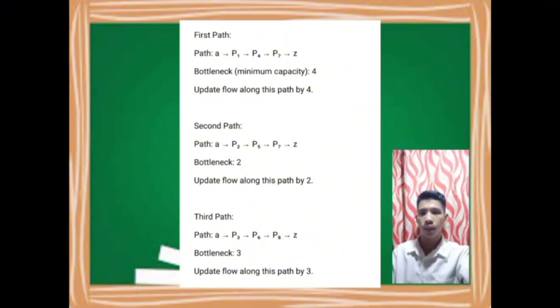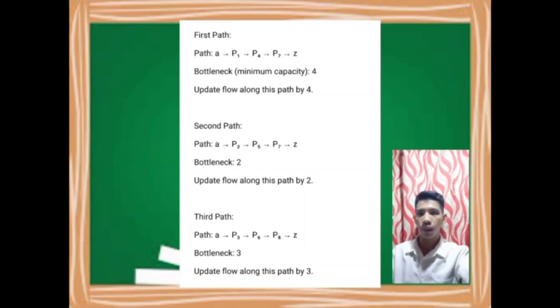Second path: A to 2 to 5 to 7, which is Z. Update the flow along this path by 2. Third path: A to 3 to 6 to 8 to Z. Bottleneck 3, update flow along this path by 3.